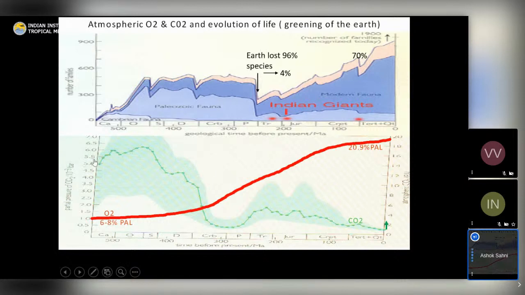The other major gas that we have to look at is carbon dioxide. So 500 million years ago, the carbon dioxide was nearly 18 to 20 times what it is today. So it has gone down. And as oxygen went up, carbon dioxide went down. This basically reflects the fact that vegetation increased, forests increased, photosynthetic plants in the ocean increased, and therefore they were able to suck out the carbon dioxide.